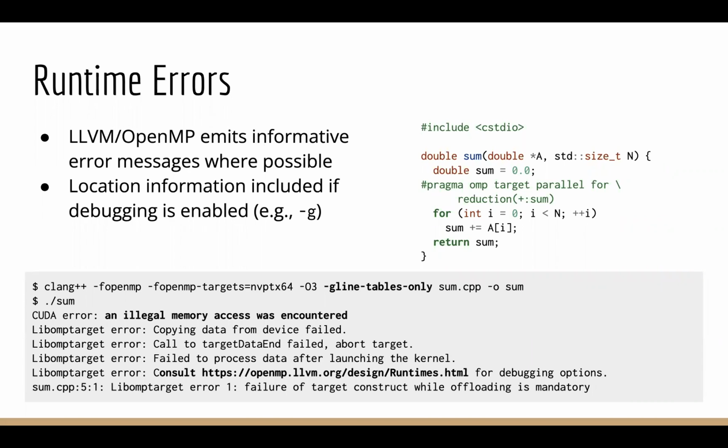If we compile this, we can then get the information and see that an illegal memory access was encountered, which is basically just a seg fault on the device. So when this fails, you'll see why. It'll tell you the location, sum.cpp 5.1, if you had the debug information enabled, and then it'll usually tell you to go to this website, which has a lot of information, basically what I'm explaining to you right now for getting more debugging information. So next slide, please.